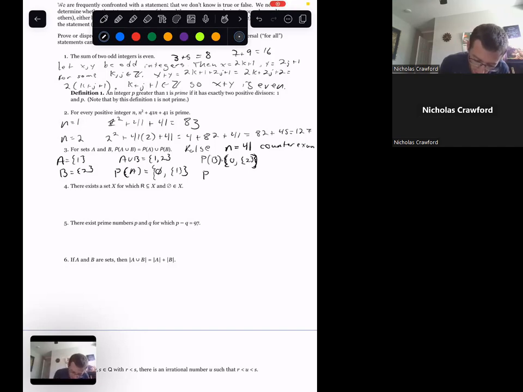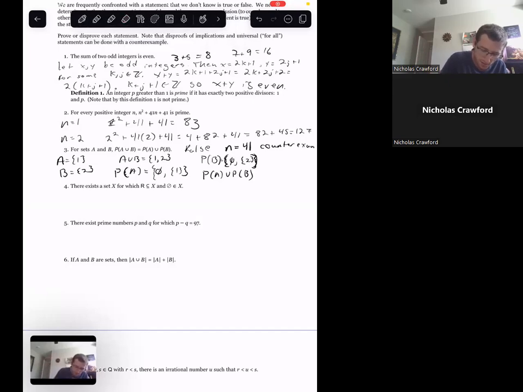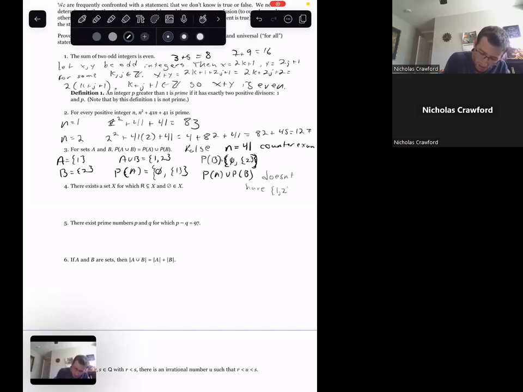So if we take P(A) union P(B), we get the empty set, the set containing 1, and the set containing 2, but it doesn't have {1, 2} as a subset. So you can start playing these games and try to figure it out.